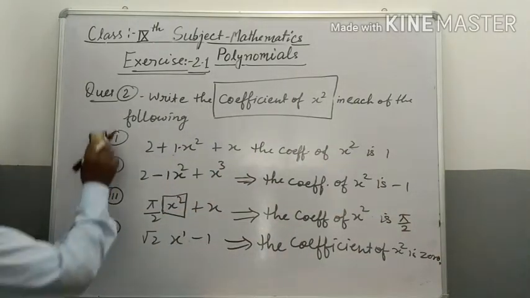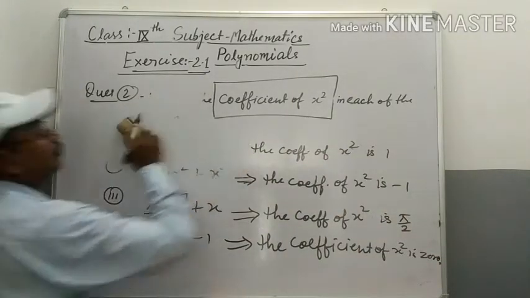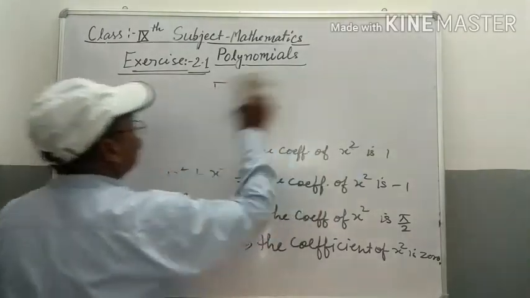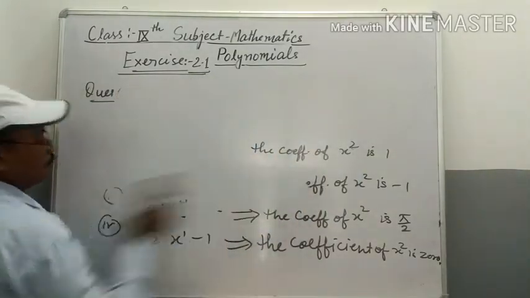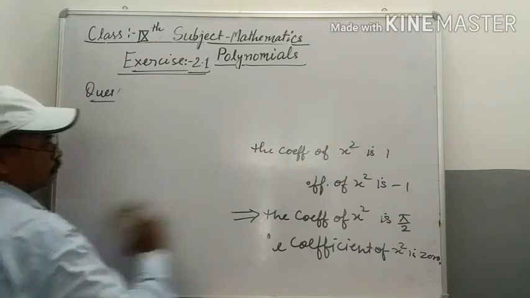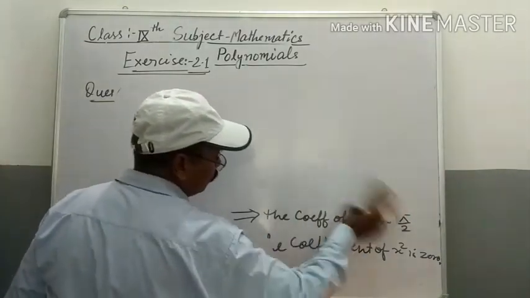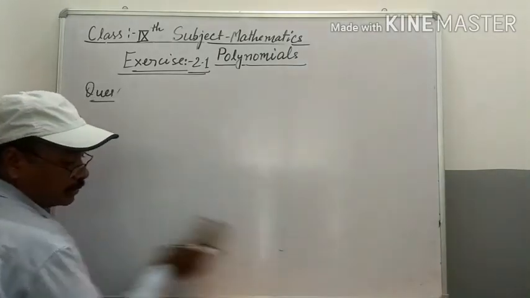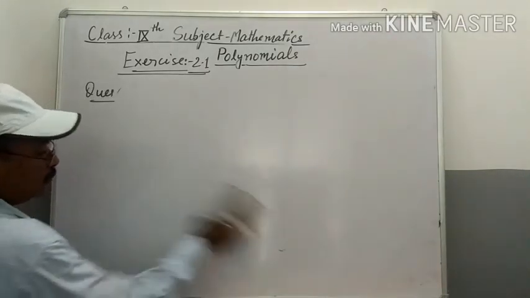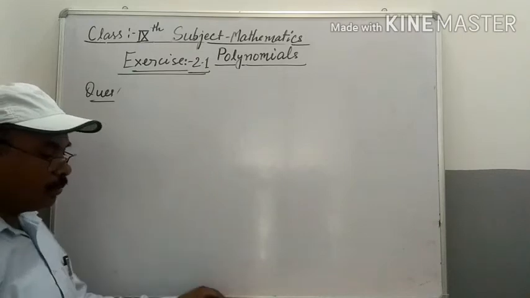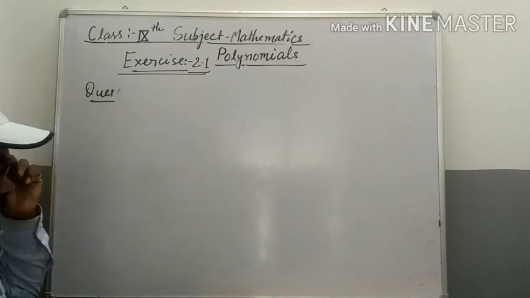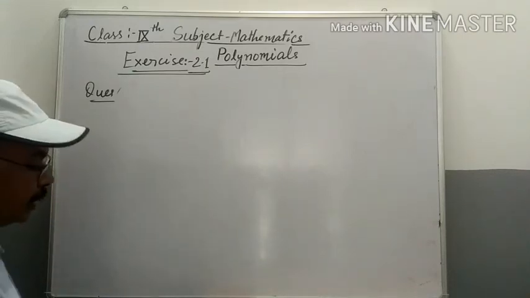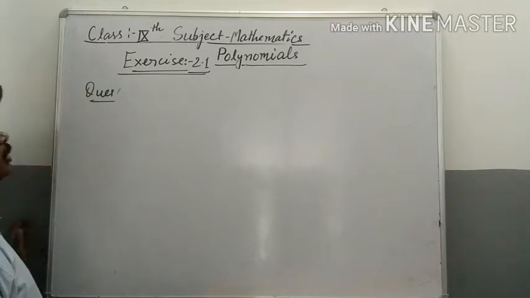Now students, we will continue question number 3. In question number 3, students, give one example of binomial of degree 35 and monomial of degree 100.